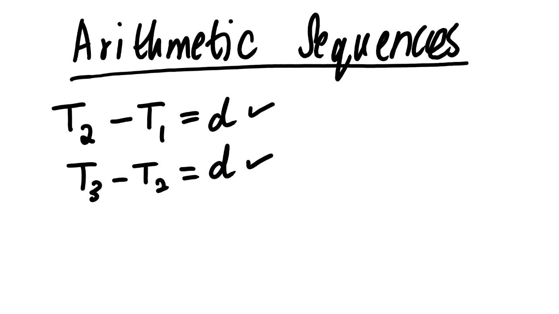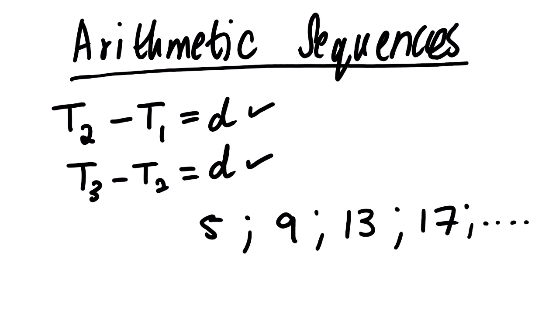So these differences should be the same for us to conclude that the given sequence is arithmetic. Let us look at this given number pattern. What is the common difference?